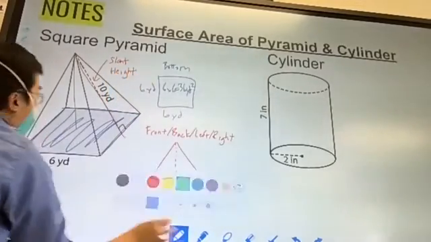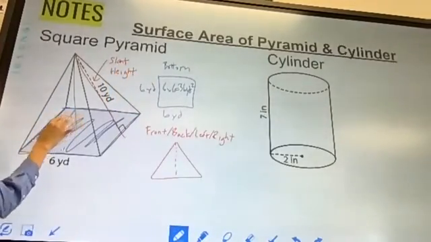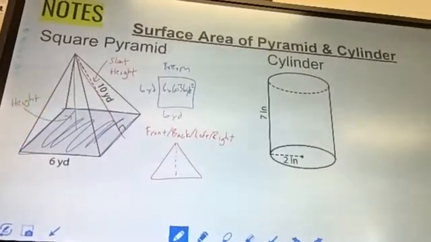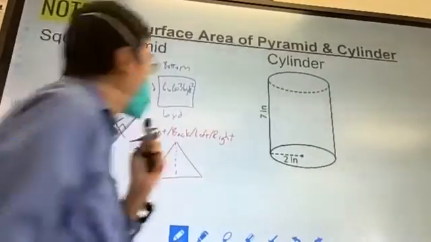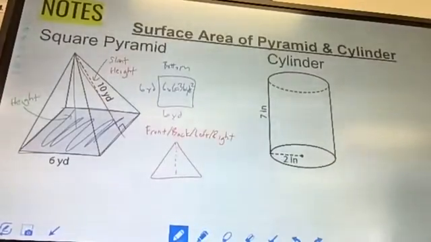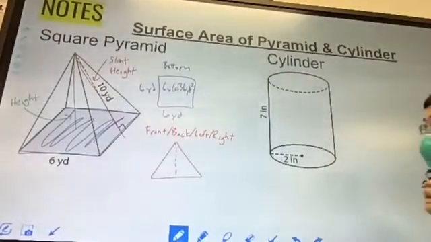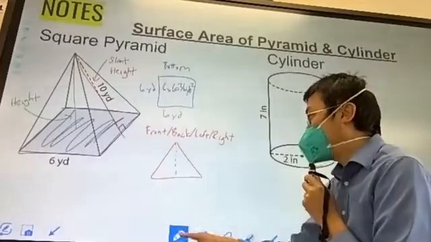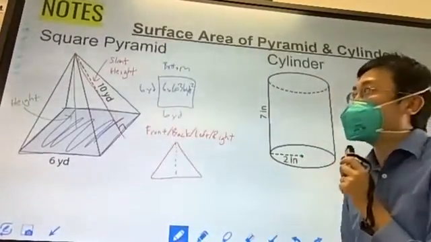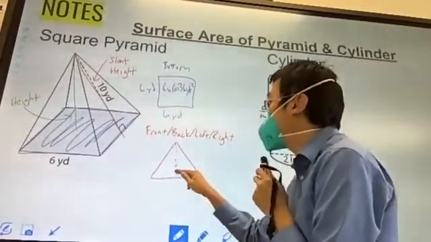Whereas this green right here is called the height. So using your different colors in your notes, we're going to focus on the slant height because we're trying to find the area of that surface. As we get further, we're going to use that height for something else, not for surface area though.